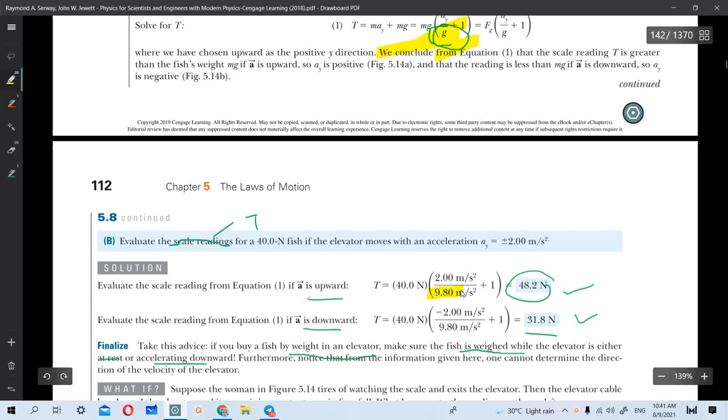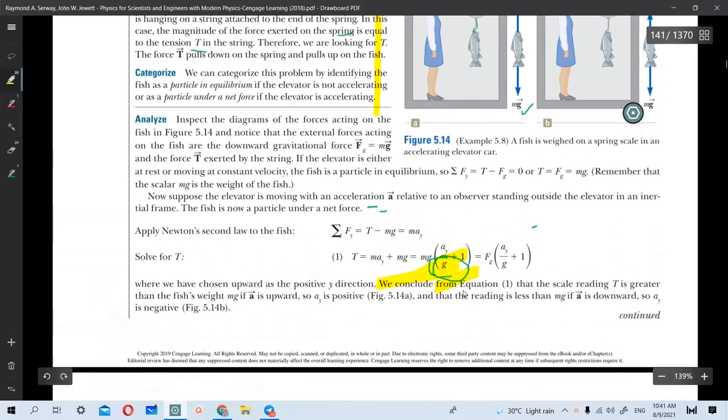Without negative. Why, madam? Because negative is already here. When you create the expression, you have already concluded the direction. You have concluded that the G is negative 9.8.